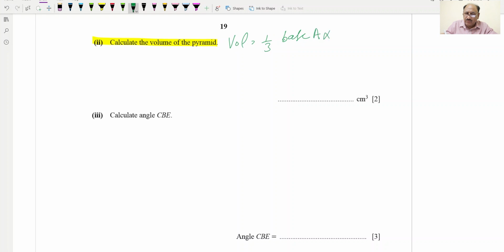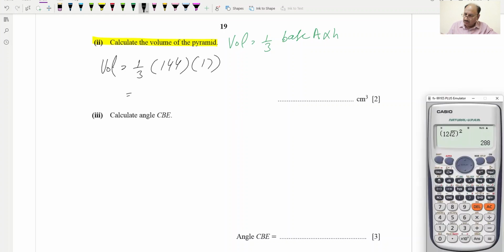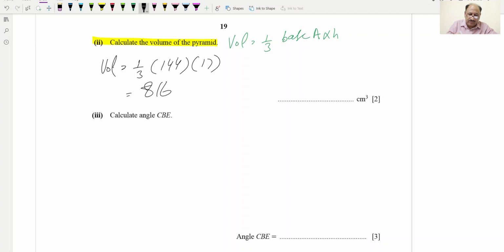Base area we know, so volume is equal to 1 by 3 into 12 into 12, which is 144, into height, which is given as 17. So we take the perpendicular height. So 1 over 3 multiplied by 144, multiplied by 17, is equal to 816 centimeter cube, and this is a 2 mark question.